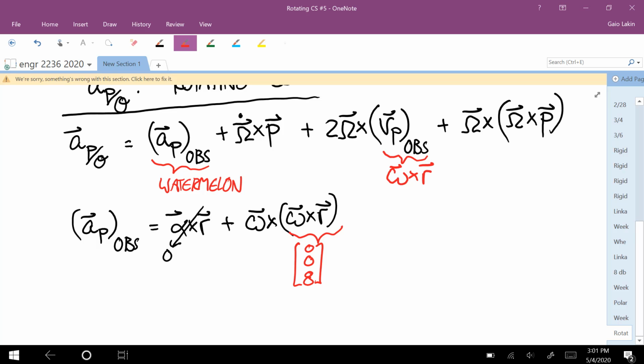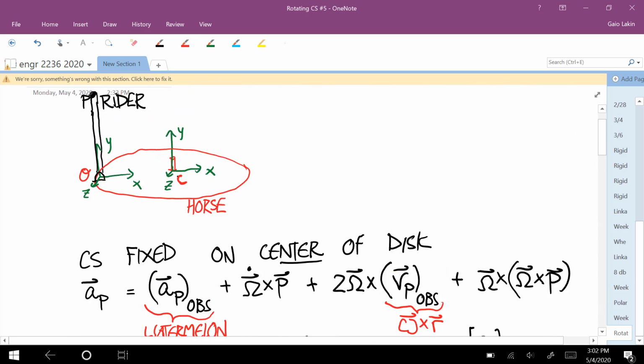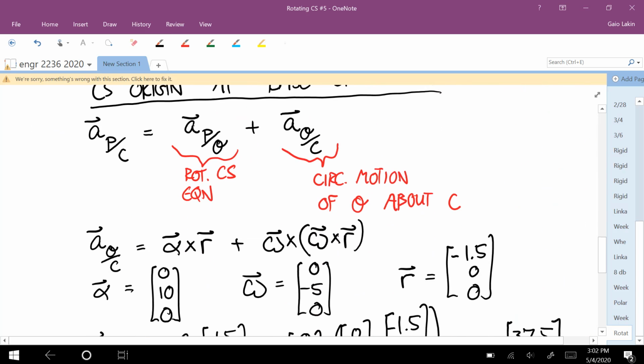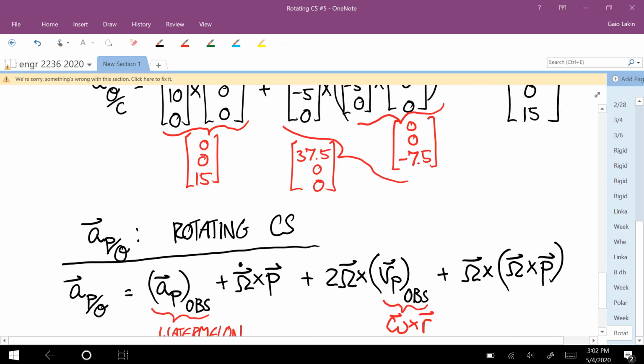That isn't going to change the r vectors for the circular motion, but it is going to change the p vectors, because p goes from the center of the circular motion to the point that you care about. But r is still the vector from the center of the circular motion at the origin to p. So for this part of the problem, p and r, the definitions are the same, but you always should remind yourself, what's the definition of the vector that I'm looking for?